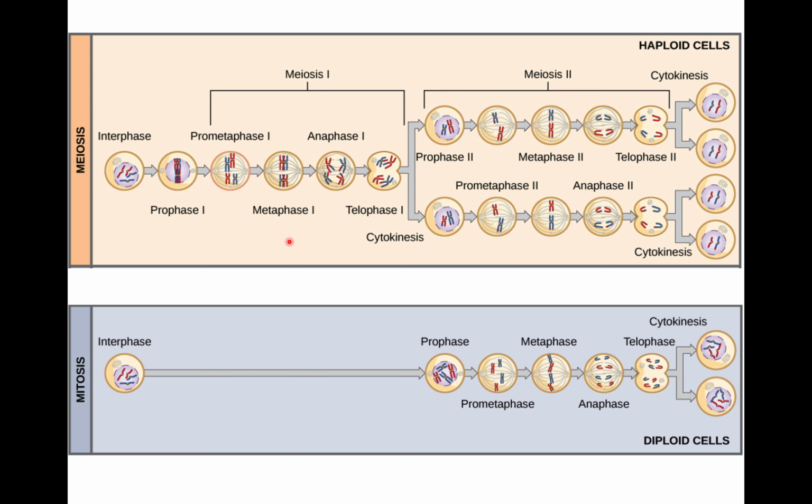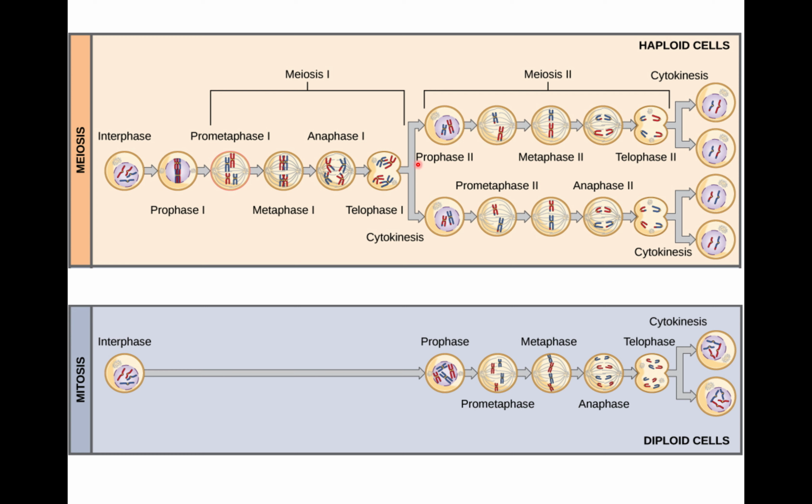Meiosis is different because in meiosis, even though there is still this interphase preparatory step where the cell gets ready for division and duplicates its chromosomes, right after this interphase the steps are quite different. First of all, there are 2 consecutive cell divisions.